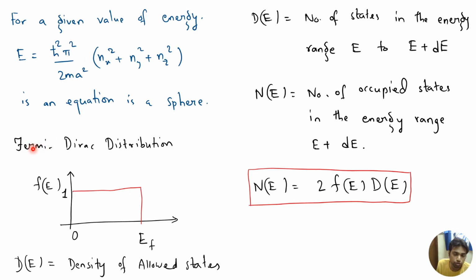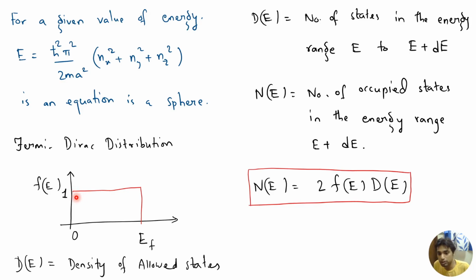We have this Fermi-Dirac distribution, which we discussed in the last class, that tells you about the occupancy of energy levels starting from 0, from 0 energy value to EF, depending on the material, and this tells you only about the probability of occupancy.